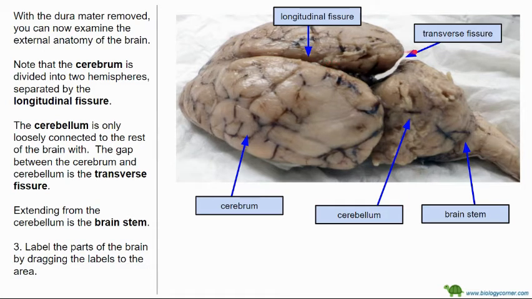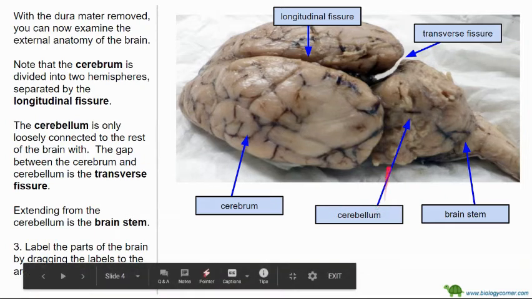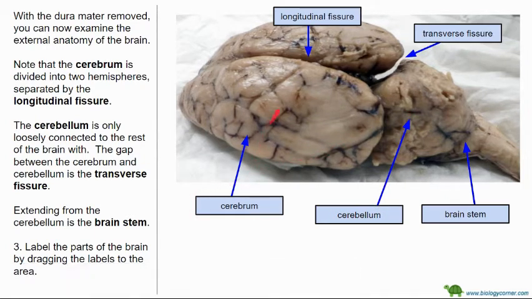And then posterior to the cerebrum is the cerebellum. So there are 3 main parts: the 2 hemispheres of the cerebrum, and then the cerebellum, right? So you put the cerebellum label with this arrow, cerebrum with this arrow.